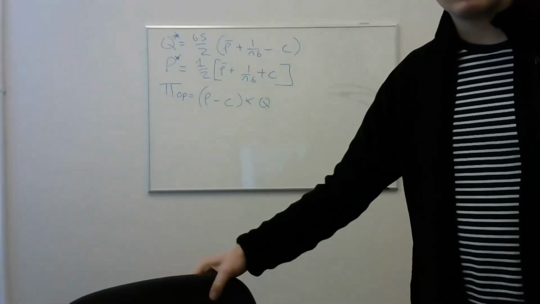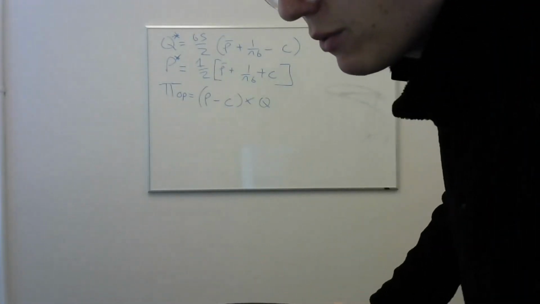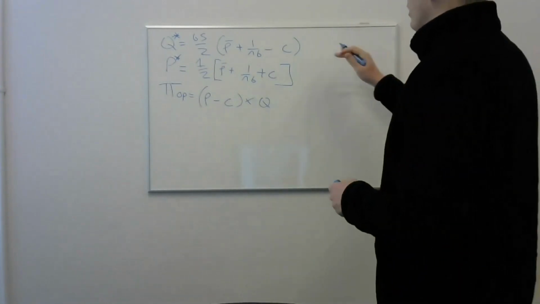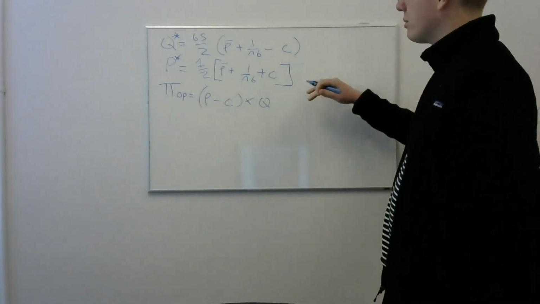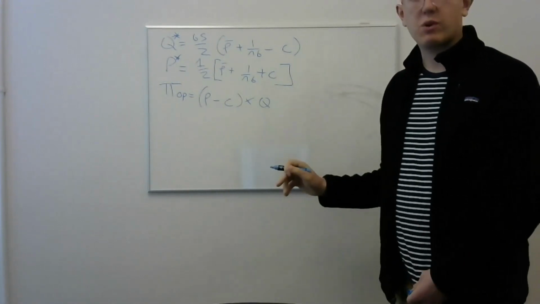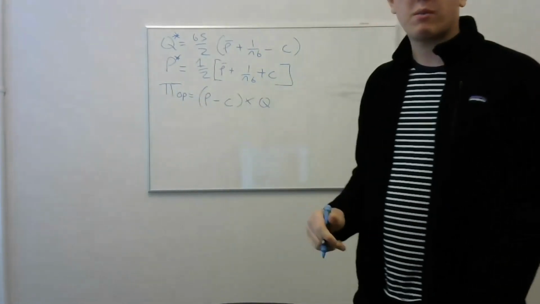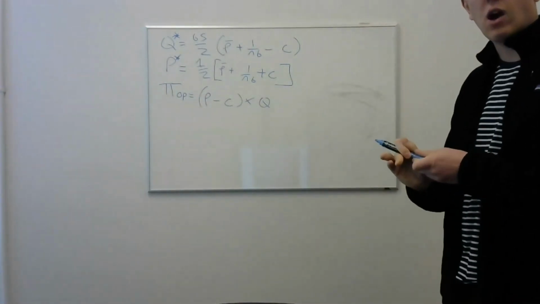Okay, and so to help show what operating profits are going to be, I've just rewritten the optimal quantity that a firm produces and the optimal price that it charges out on the board. And then I've just rewritten the expression for optimal profits, where this is pi OP to represent operating profits.